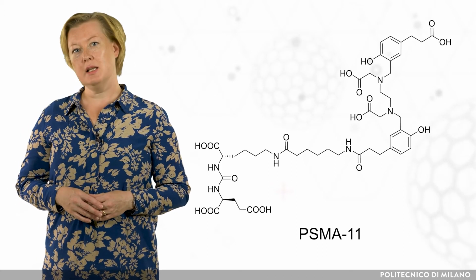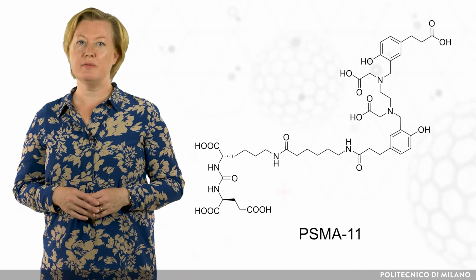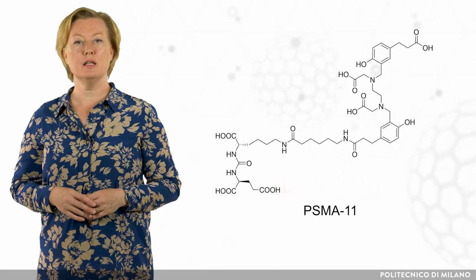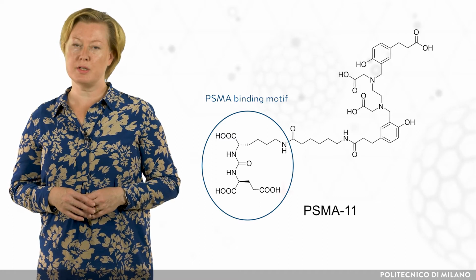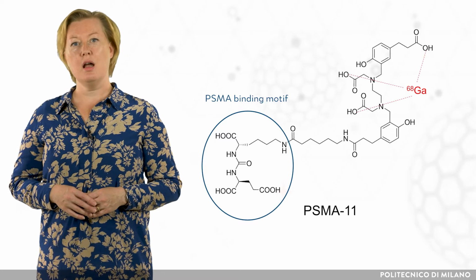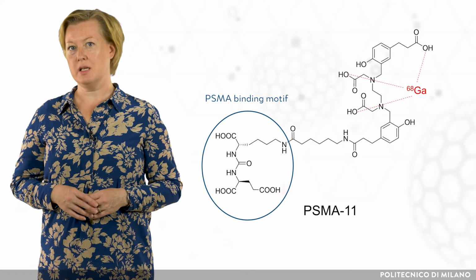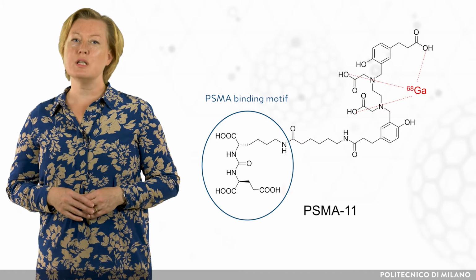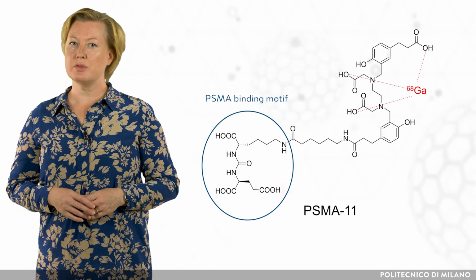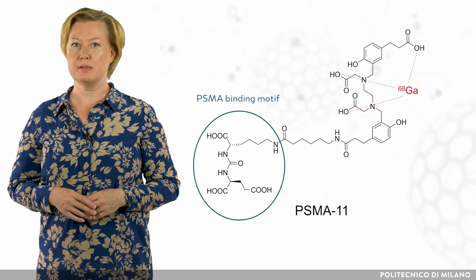The PSMA-11 molecule has two specific regions, one for binding to prostate-specific membrane antigen, which is overexpressed in prostate cancer, and the other to bind with gallium-68. The molecule contains 3 donor groups that confer good stability to the metal complex.